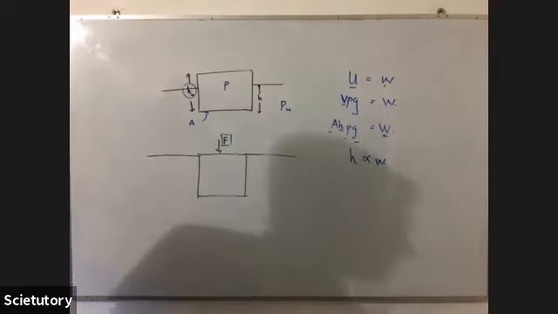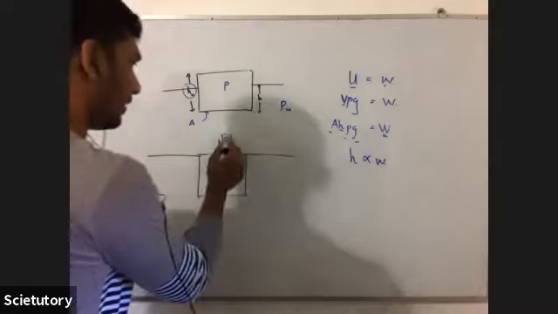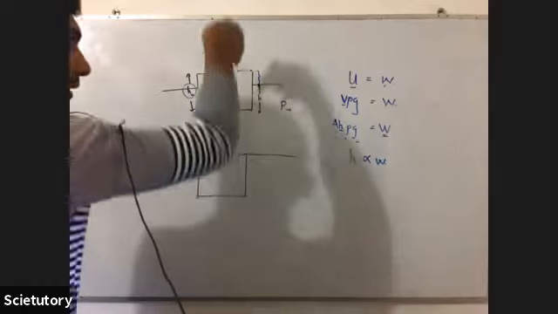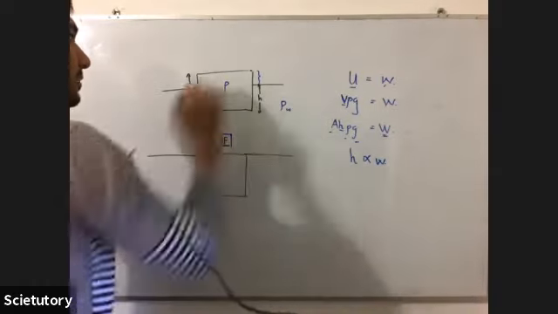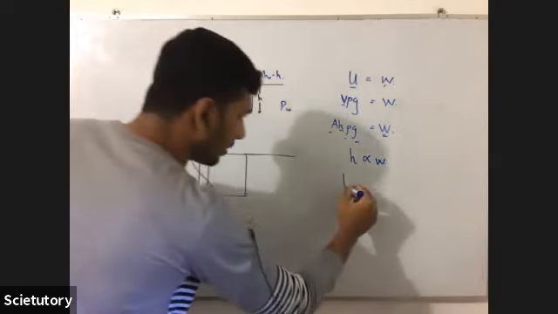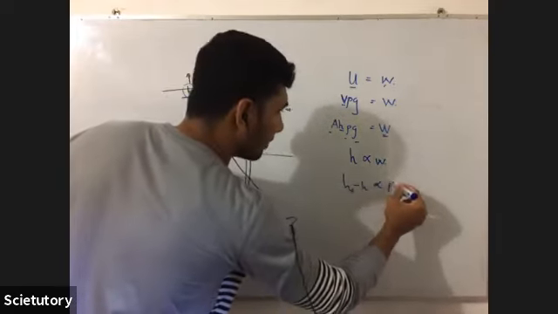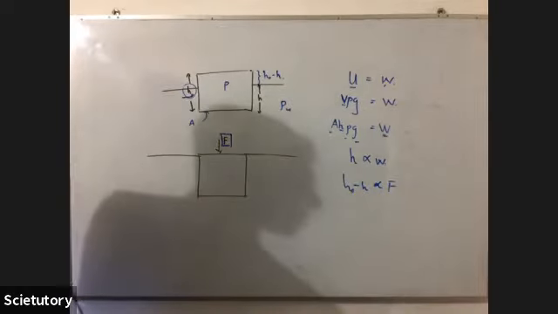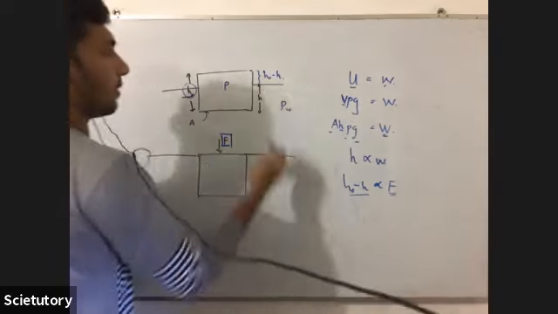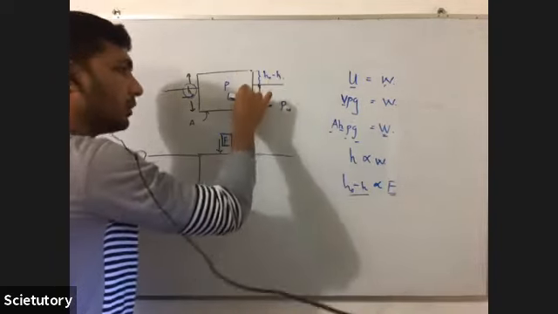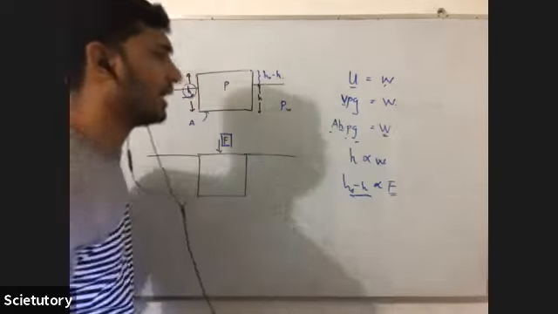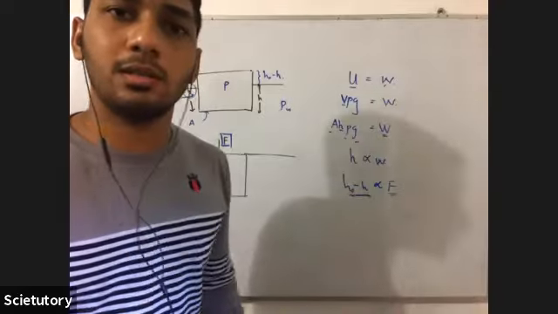Can you write it like this? The F should bring this part of the wooden block into the water. What is this part? This is H naught minus H. So H naught minus H is directly proportional to F. Is it wrong? This is correct. This particular height is directly proportional to F.